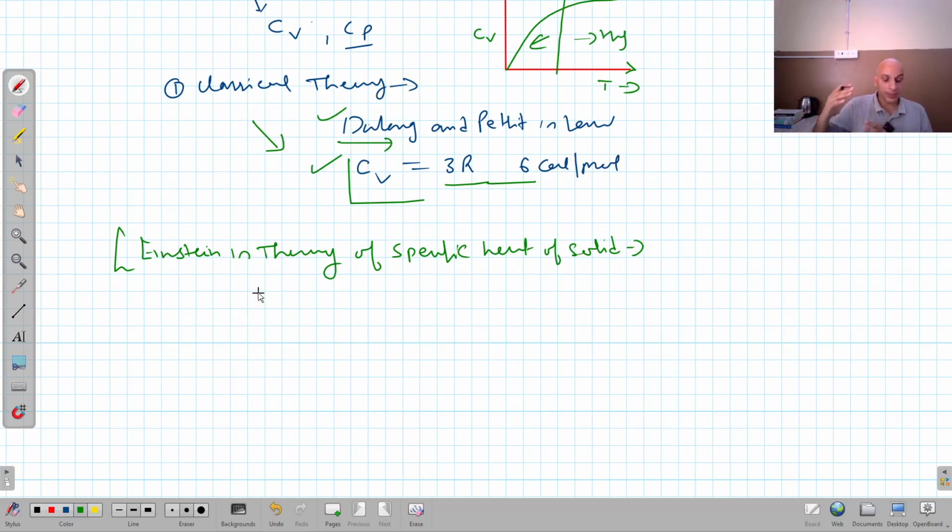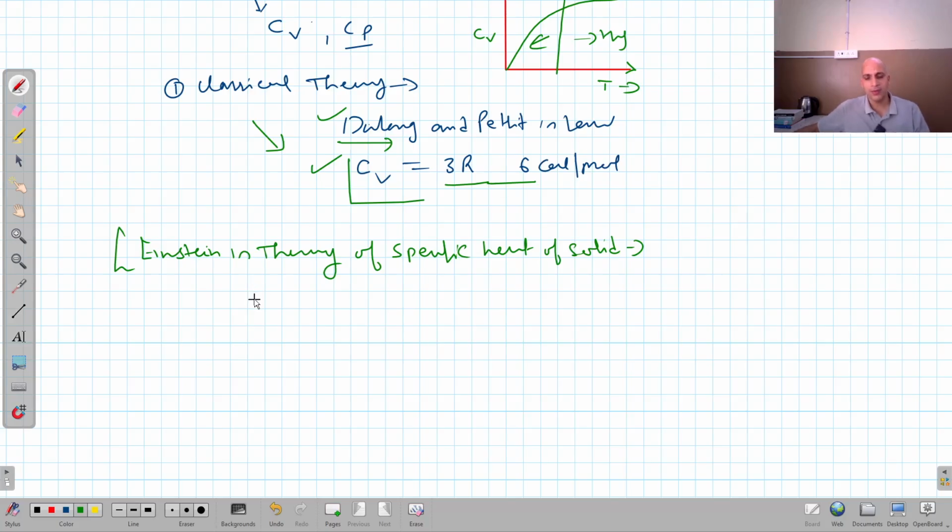But the main thing we have to remember is that in the Einstein theory, all the atoms were independent oscillators. They were not coupled with each other. He considered that all are independent, and they do not have any relation with the other oscillators, and they absorb and emit energy in discrete forms, right?